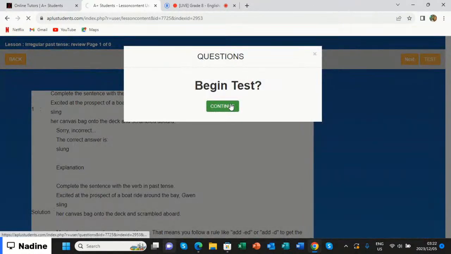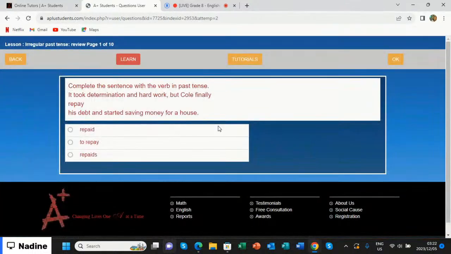All right, now we need to complete the sentence with the verb in the past tense. It took determination and hard work, but Cole finally repaid his debt and started saving money for a house. So repay.